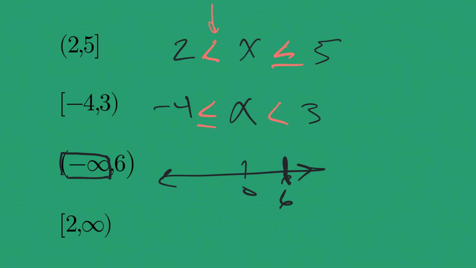Parenthesis around the 6. Would that be an open or closed circle around 6? It'd be open. So here's what the graph looks like. It'd be an open circle around 6, and then we are headed towards negative infinity. Every number from 6, not including 6, all the way to the left, all the way to negative infinity is where all the solutions are.